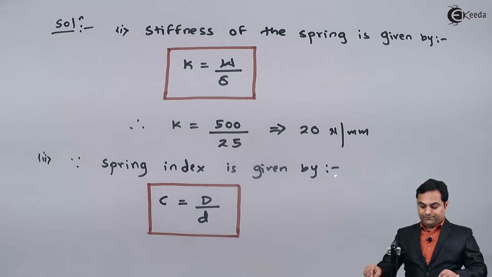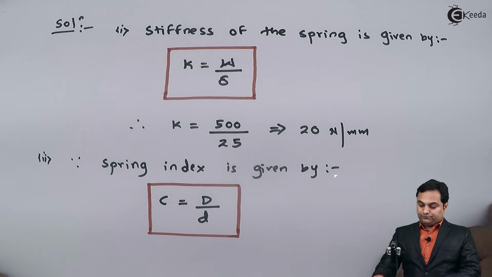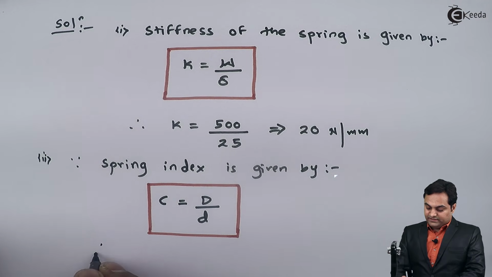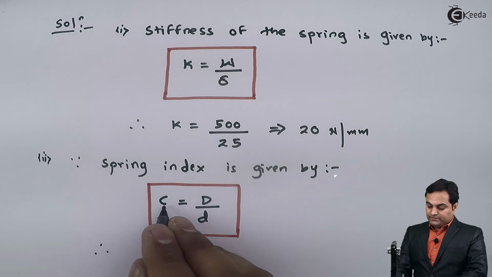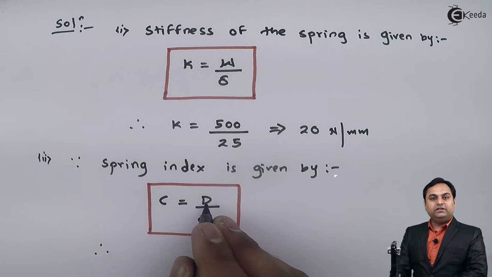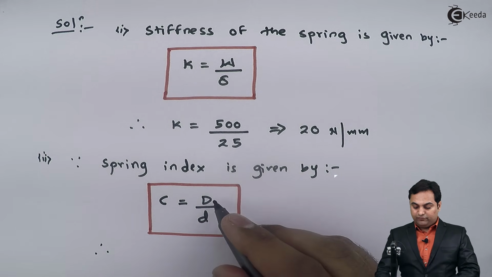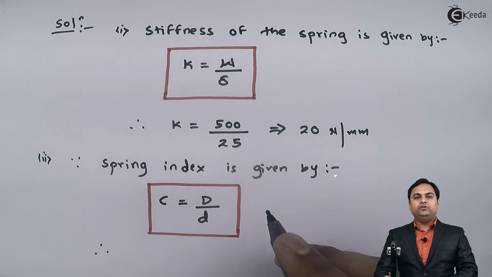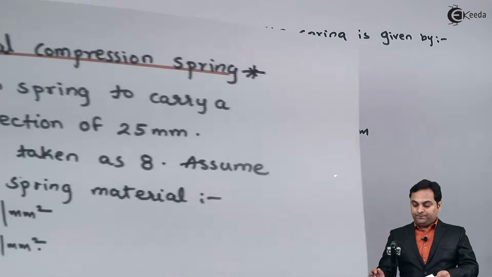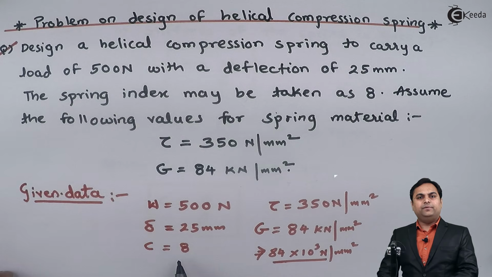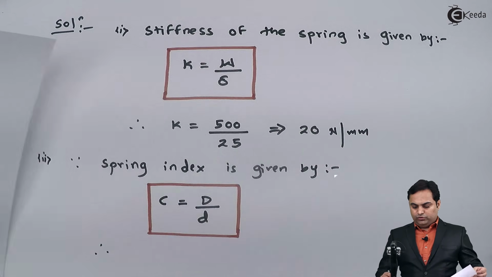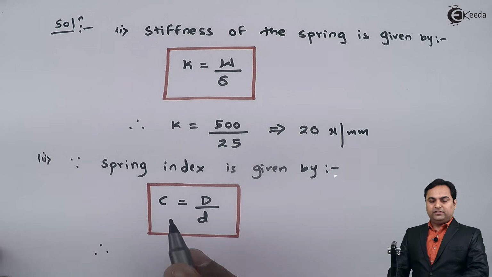This is the formula. Now from this I can say that if I am able to get any one of the values, capital D or small d, I can get the other, because C, spring index, is given in the problem as 8. So if you know any one of the values, you can calculate the other.